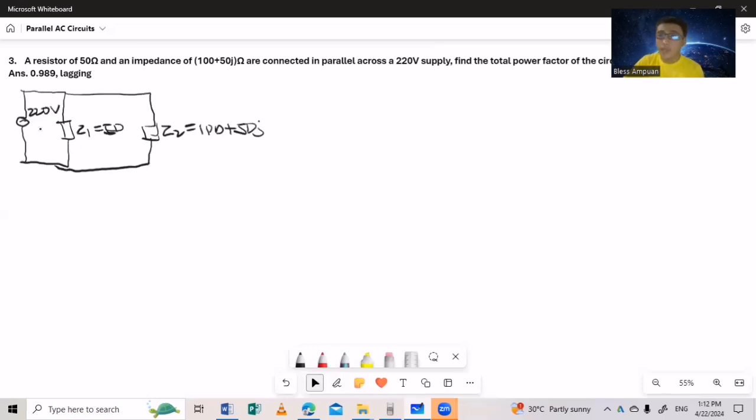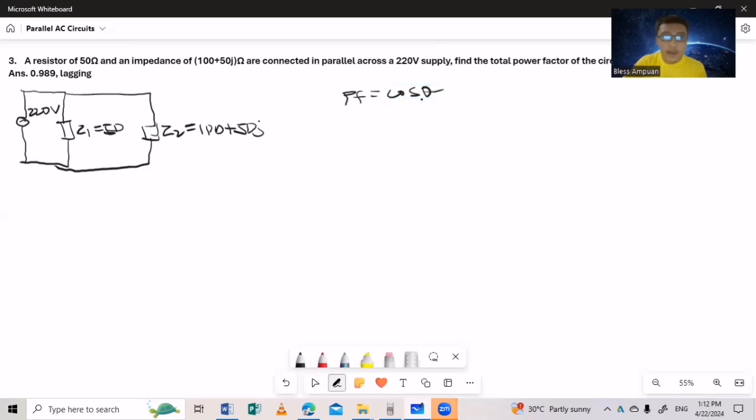What is asked is the power factor, and we know that the power factor is just equal to cosine theta, right? If we get the phase angle of the circuit, we could get the power factor easily.